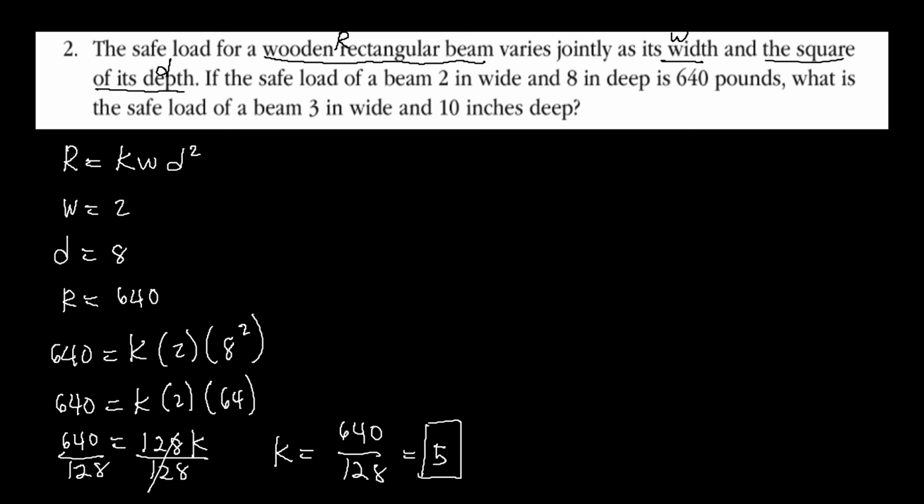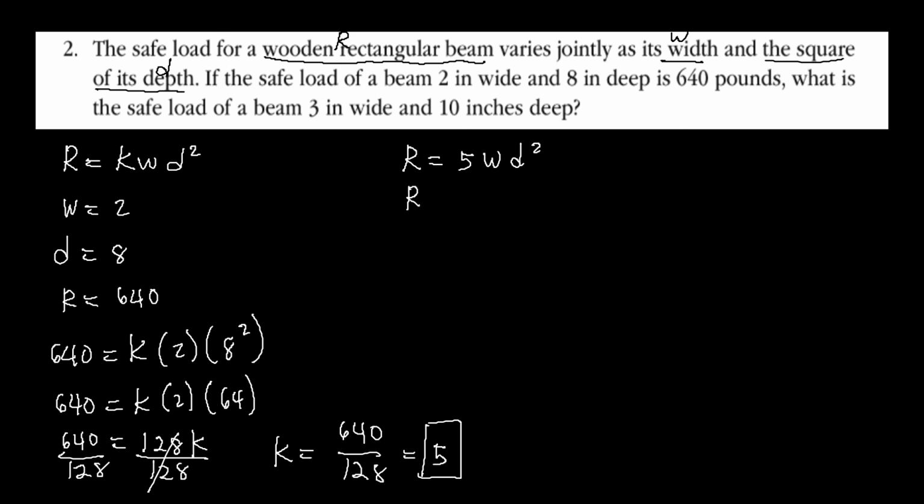And after that, we need to substitute that sa ating equation. R is equals to 5 W D squared. Okay, next problem. What is the safe load of a beam 3 inches wide? So, what is the safe load raw?